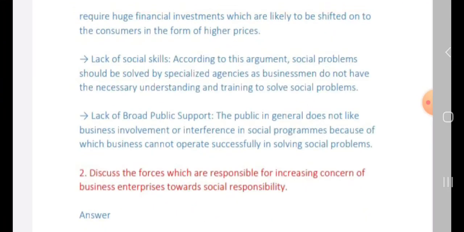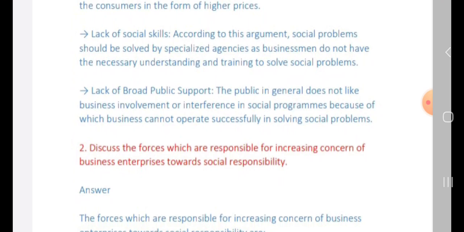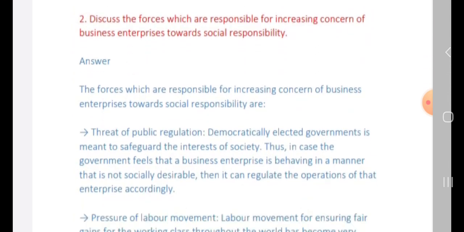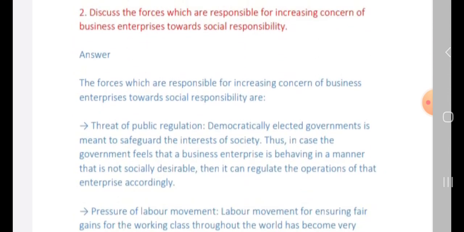And lack of public support. The public in general does not like business involvement or interference in social programs, because of which business cannot operate successfully in solving social problems.